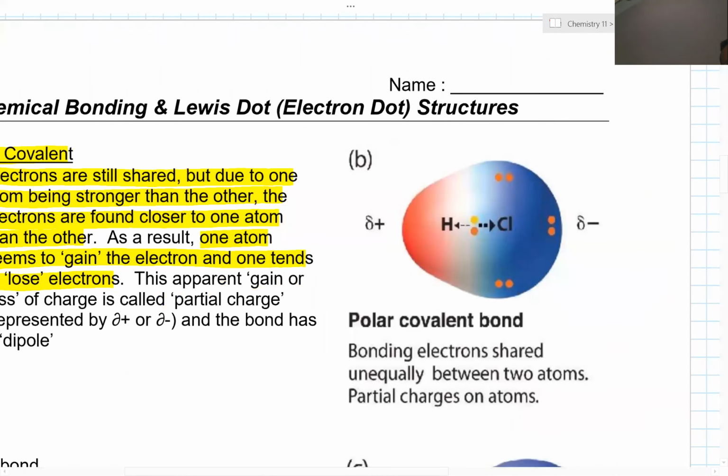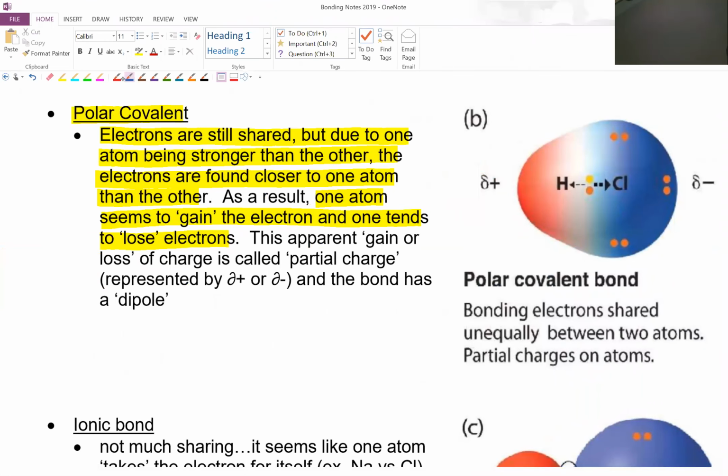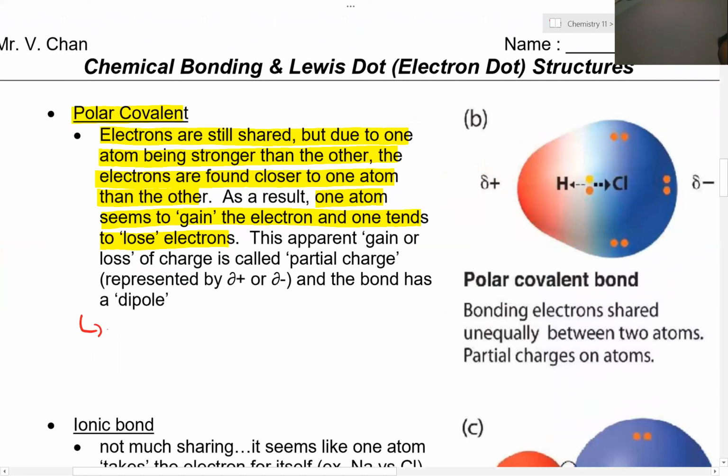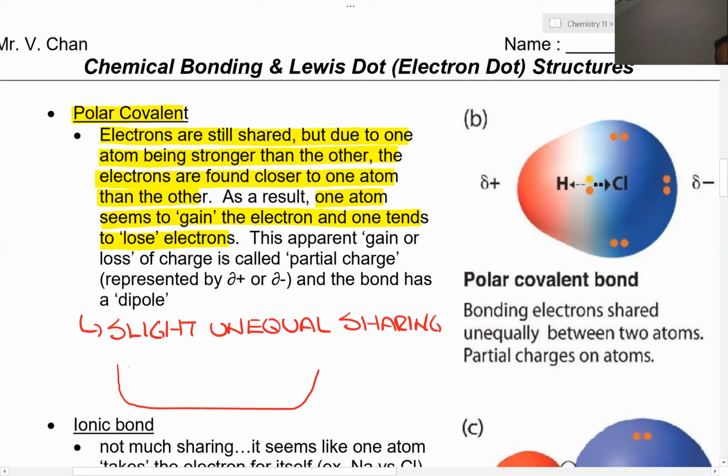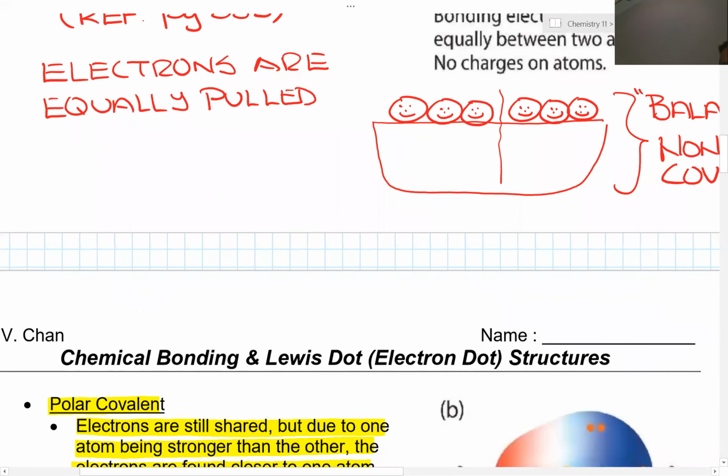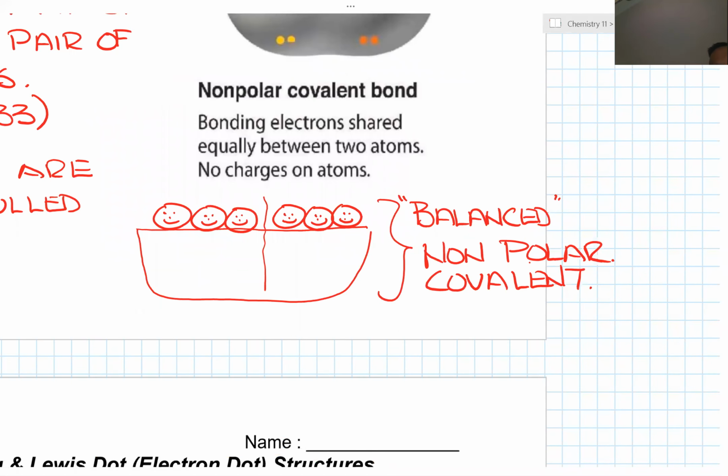So what you have here is, AKA, slight unequal sharing. Okay? Now, if we were to use the analogy of the boat, if we had our boat again, still we have the 6 happy faces.